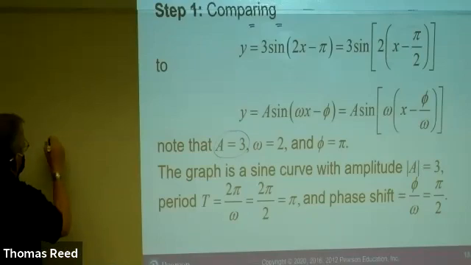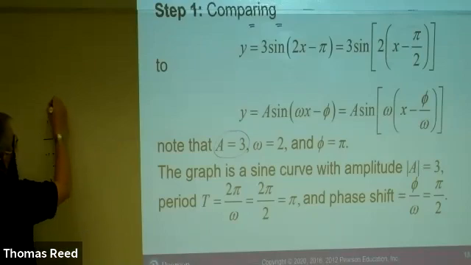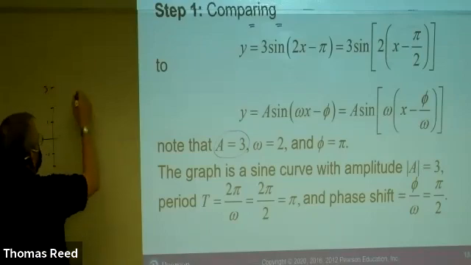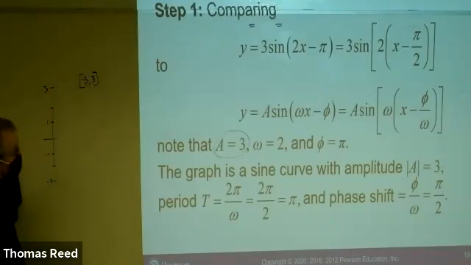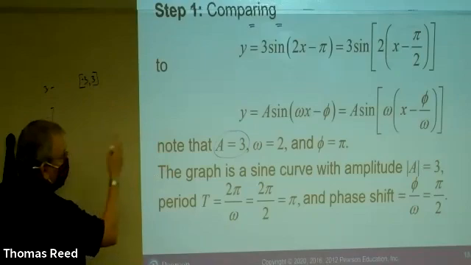So that means the 1 and the -1 go down to -3 and up to +3. So now my range is from -3 to 3. So that's telling me how high and low it's going to go. Now all we need to know is what's happening with the period.